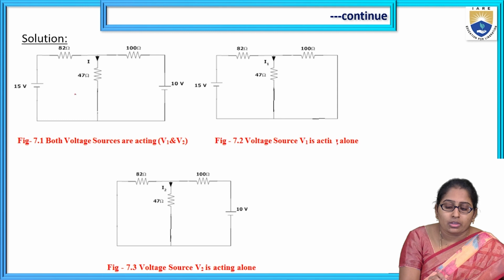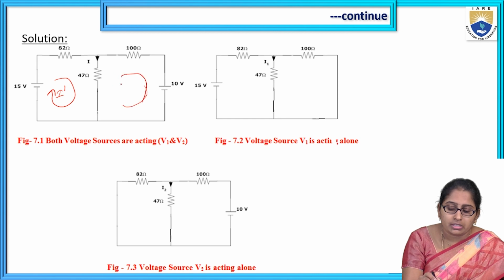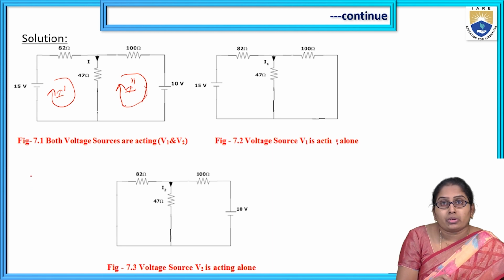For this circuit, how can you find the current I? I'm applying mesh analysis, taking two mesh currents here, I dash and I double dash. I apply KVL in both meshes and write the KVL equations, getting two equations with two unknowns, I dash and I double dash.